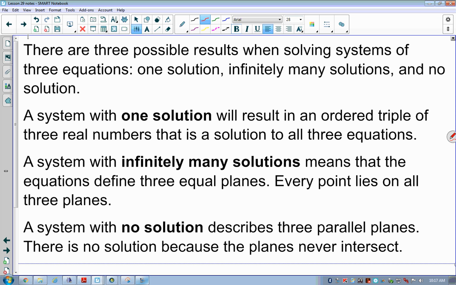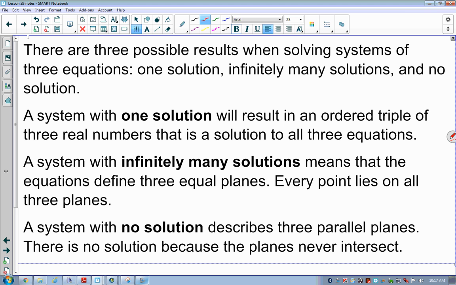Okay, there are three possible results when solving systems of three equations. You can either get one solution, where all three of these things cross, infinitely many solutions, or no solution. A system with one solution will result in an ordered triple of three real numbers. Could be a fraction, could be a whole number, an integer of some sort, that works for all three equations.